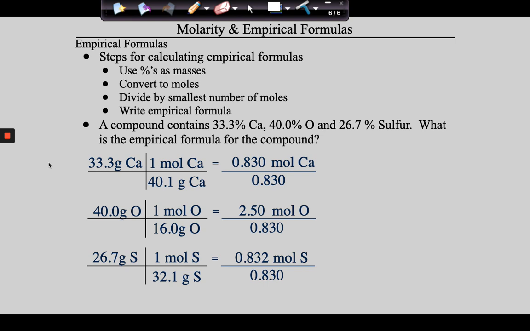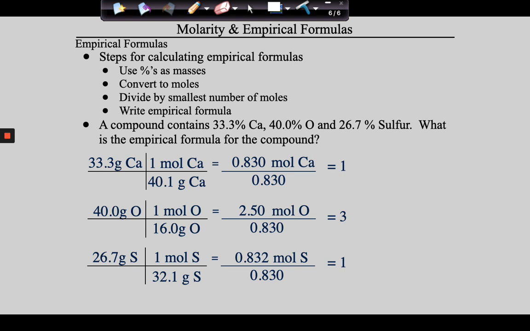Doing the math on the top, any number divided by itself is 1. Doing the math in the middle, 2.5 divided by 0.83 is so close to 3 that we're going to call it 3. Then 0.832 divided by 0.832 is 1. Now we've got whole numbers, and we can write the formula.